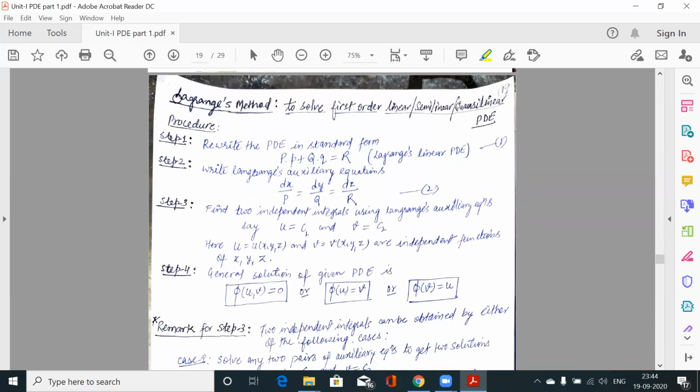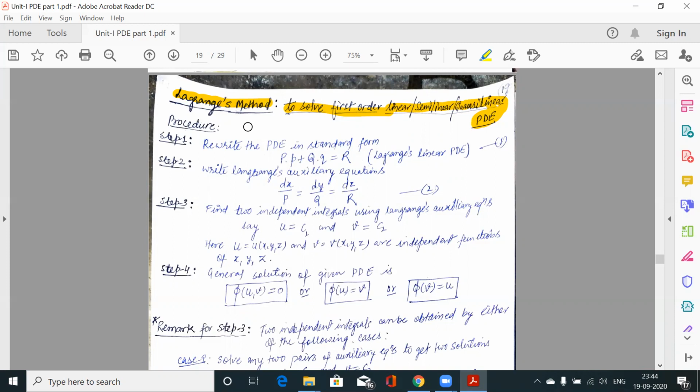It is to solve first order linear or semi-linear or Cauchy linear PDE. So once we are given a first order PDE, linear, semi-linear or Cauchy linear, these three types can be solved by Lagrange's method.